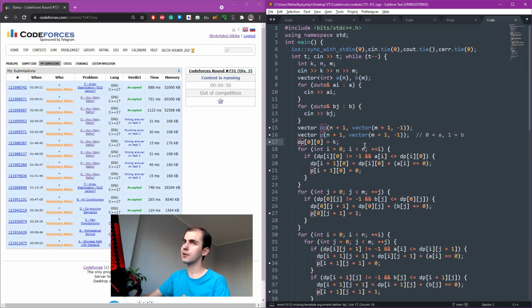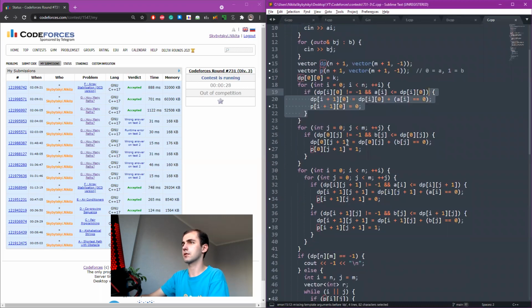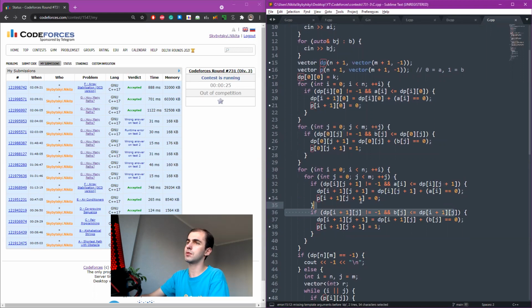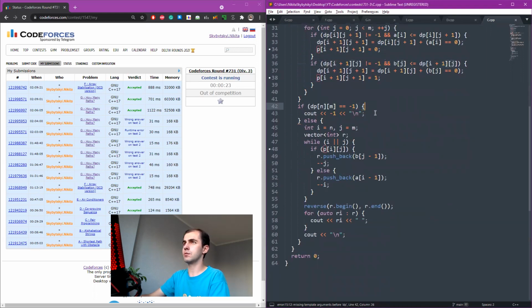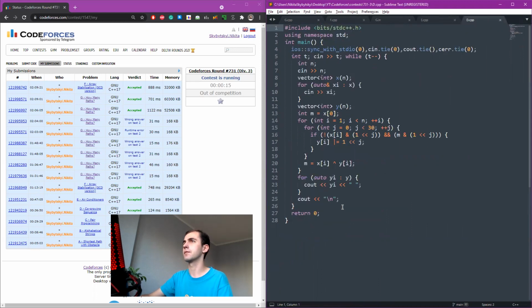If it's possible, the order does not matter: if both parents are possible, it doesn't matter which one you choose, because both are possible. Then you just check that the parent is possible and the current operation is possible, then we make it. Same here, same here, same here. And if it's not possible overall, it's not possible. Otherwise, we restore the path by taking our parents and we print the path in reversed order.